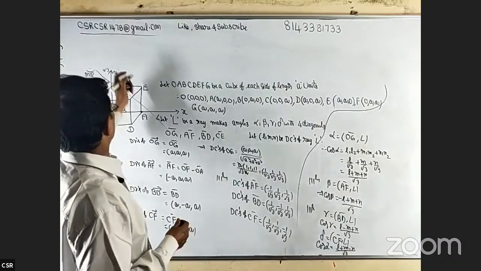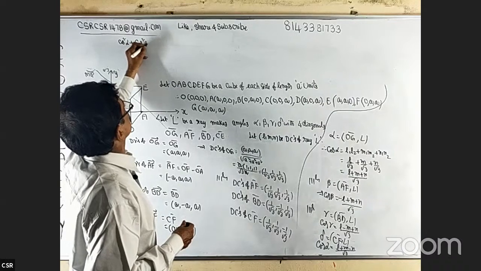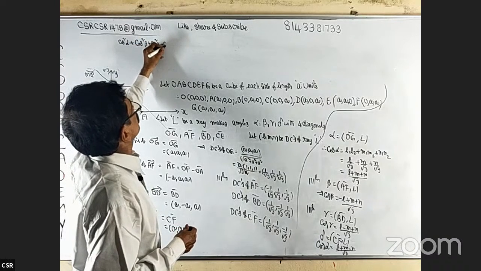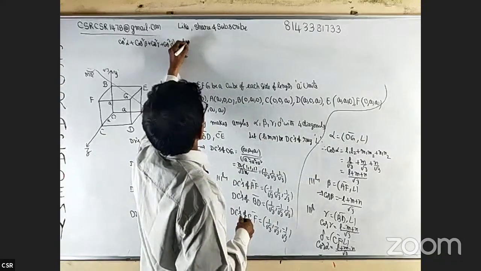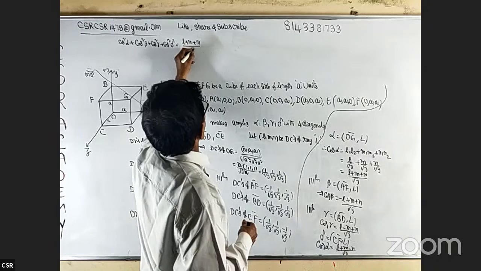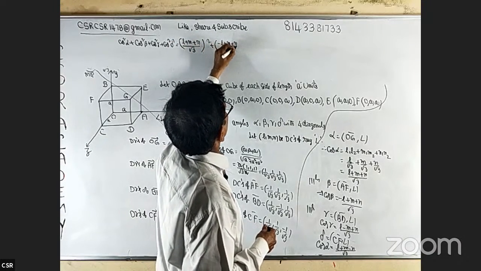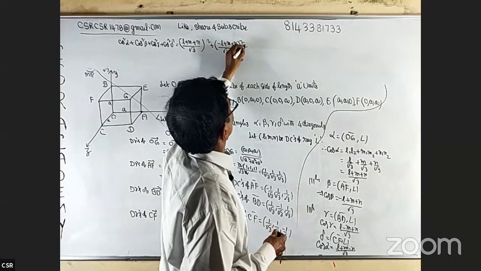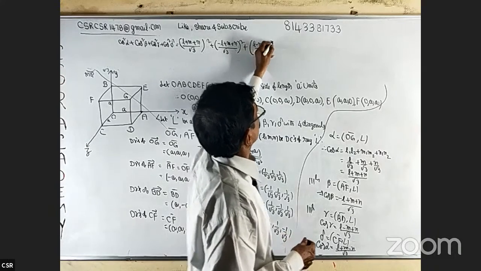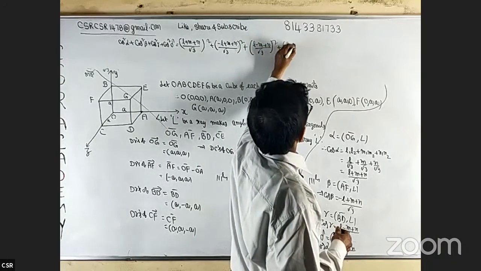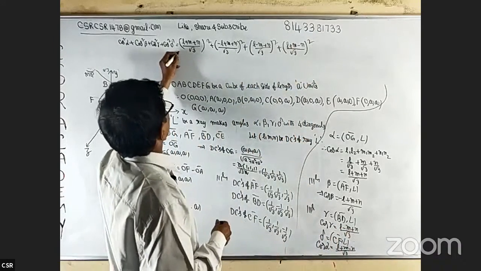Now the last part. Here we take cos square alpha plus cos square beta plus cos square gamma plus cos square delta. This is (L plus M plus N by root 3) whole square, (minus L plus M plus N by root 3) whole square, (L minus M plus N by root 3) whole square, (L plus M minus N by root 3) whole square. 1 by root 3 whole square means 1 by 3.